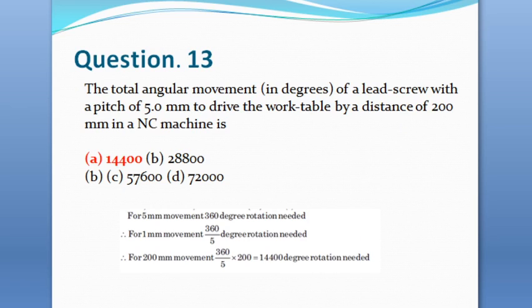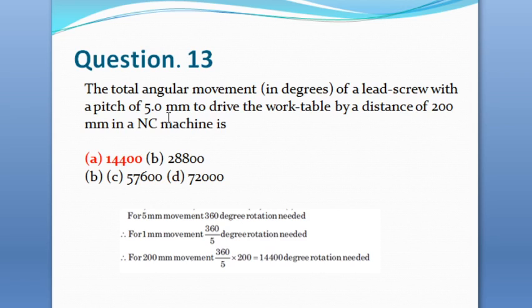The next problem, 13th problem, is also a stepper motor problem. Here the angular movement in degrees of a lead screw with a pitch of 5 mm to drive the work table by a distance of 200 millimeter in an NC machine is asked. Can you understand the problem?